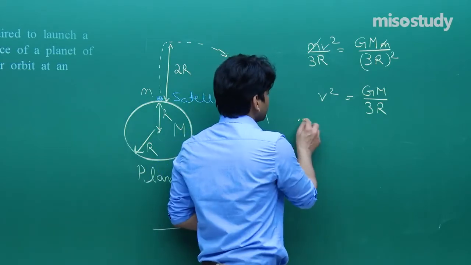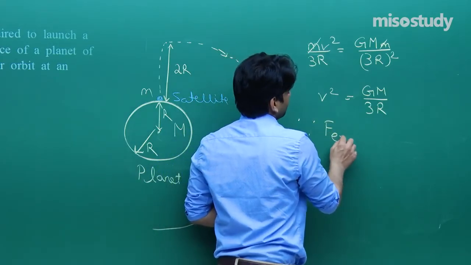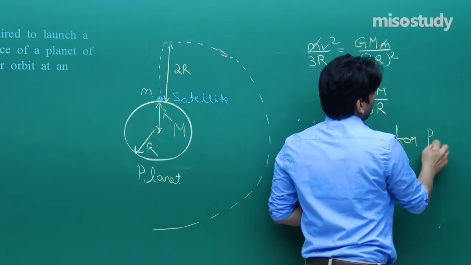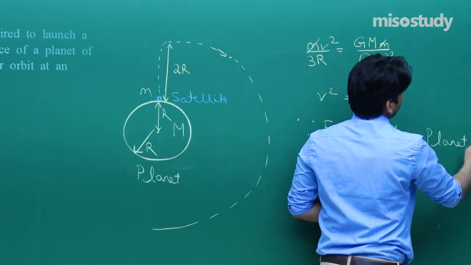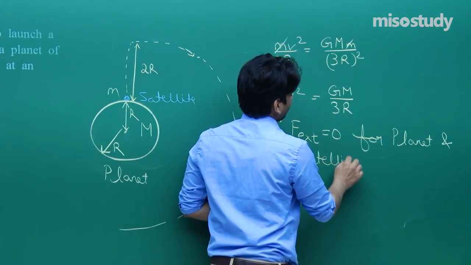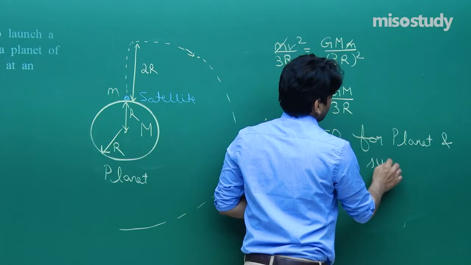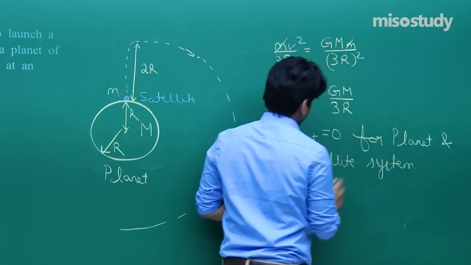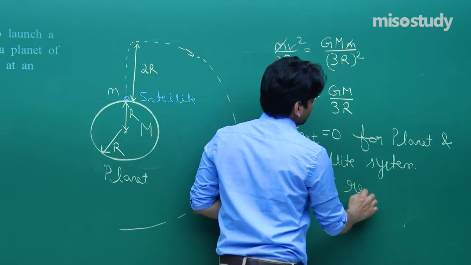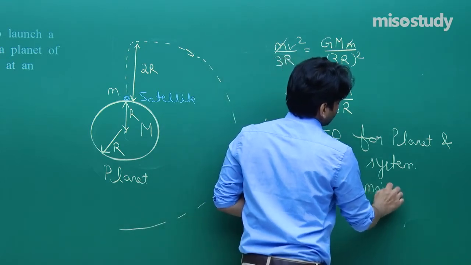So for this case, I am writing, since F external is equal to 0 for the planet and satellite system, total mechanical energy remains conserved.